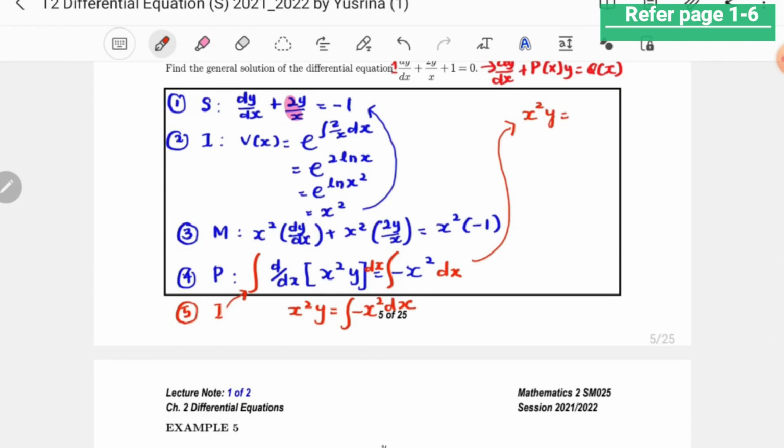We get -x³/3 + c. So this one is step number 5. And the last step, 6, y as the subject. So you find y as the subject. y equals (-x³/3) divided by x². So we get y = -x/3 + c/x². This one is the final step.